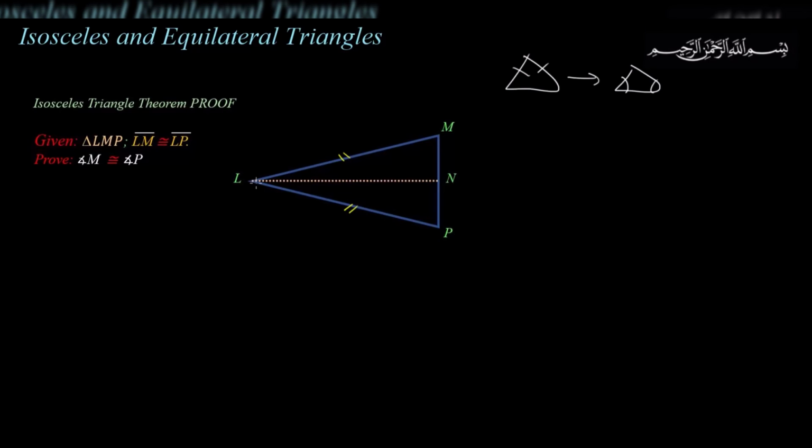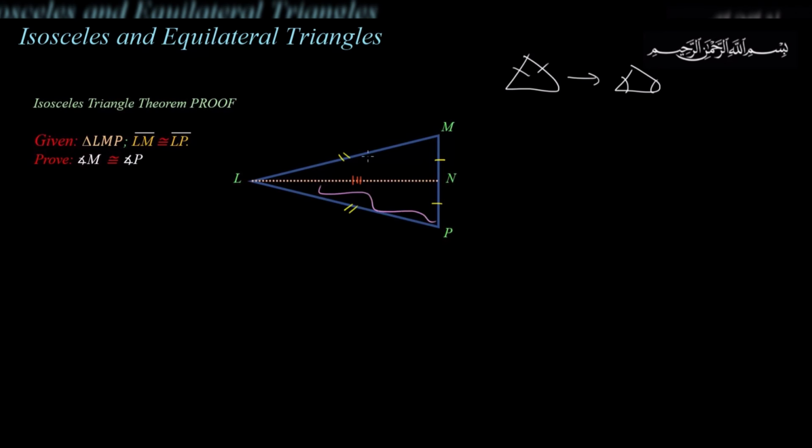So we draw this line LN, and then we create this particular segment such that you have two congruent segments here. So LN is a segment that connects from point L to the midpoint, that's point N. So now we have those two sides that are congruent. And then this side is congruent to itself. So now we have two triangles with three sides that are congruent, right?